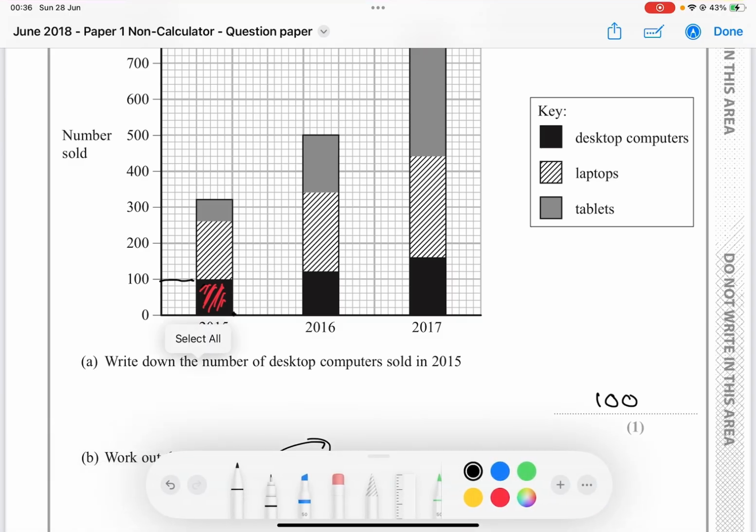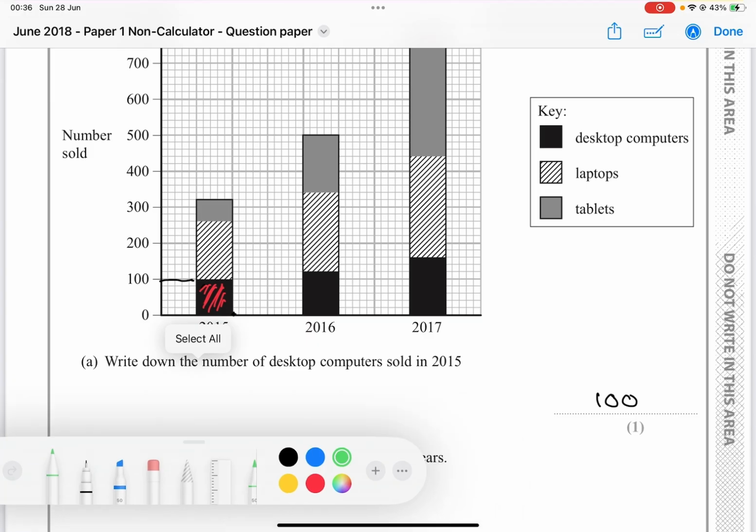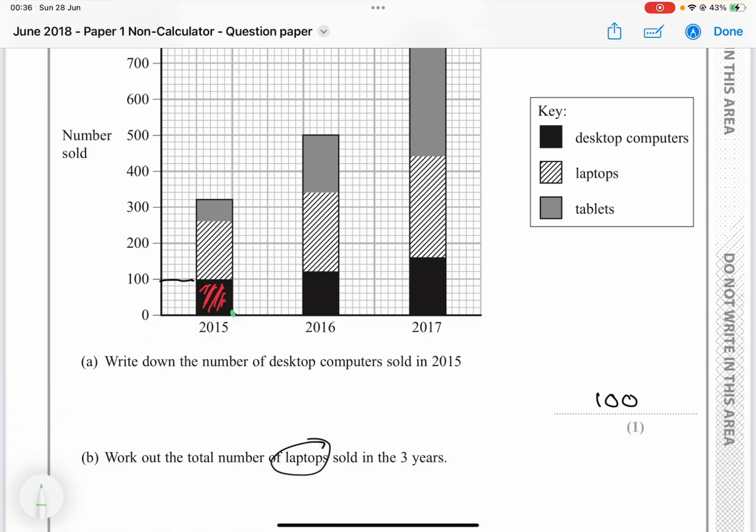So let me do this in green. So it starts from here and it ends over here for laptops, okay? Remember, laptops is only this bit over here. So this bit is laptops.